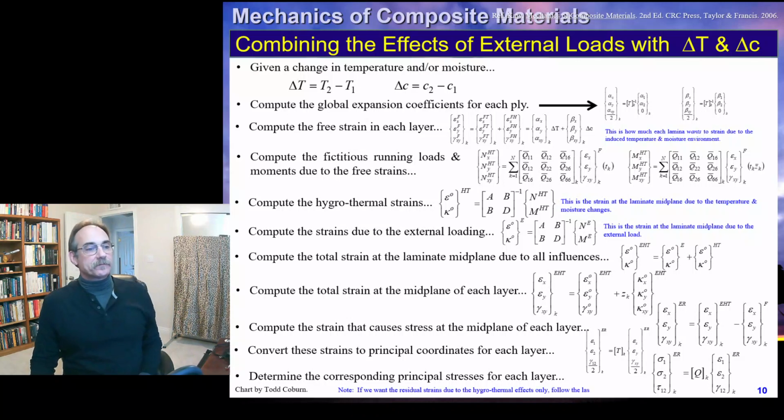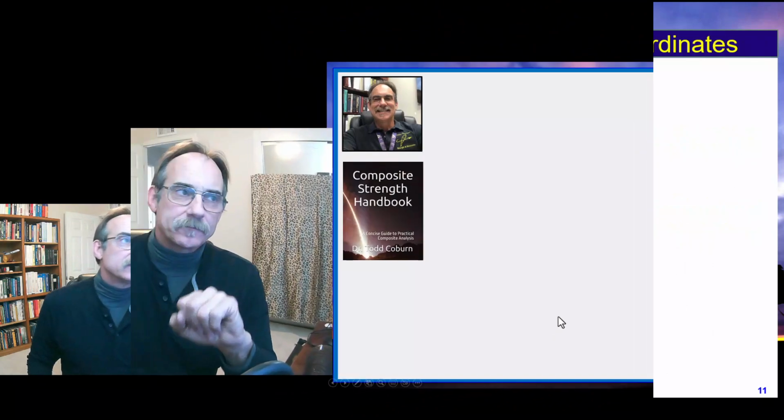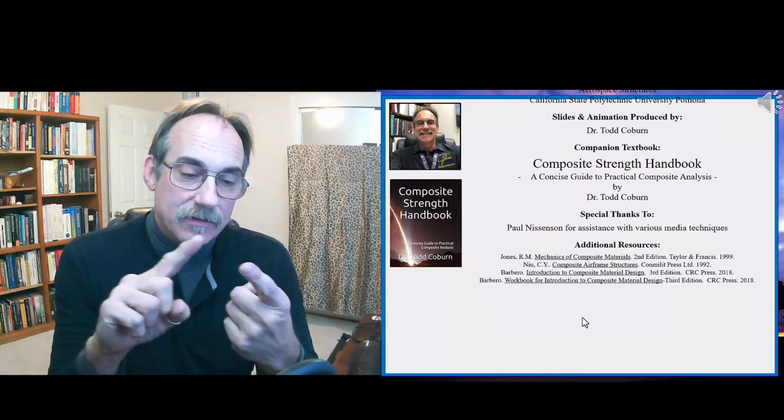Got it? All right. So there you have it. We now can take moisture changes, temperature changes, and external loads. We can take any one of these, or all of these, or any combination of these.